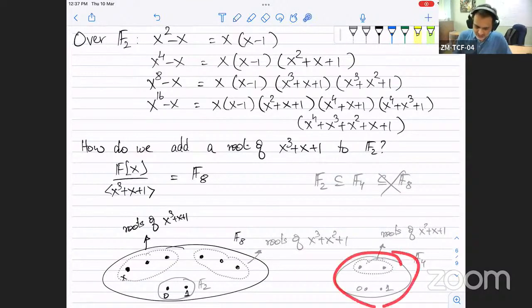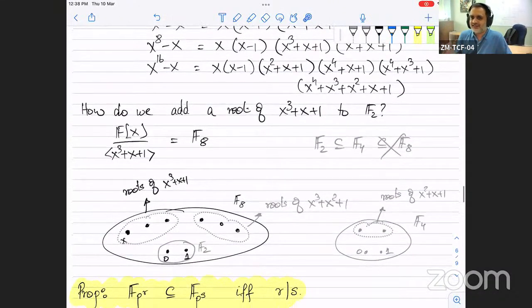This picture is not present in the F8 picture at all. This is not a good proof of this, but I'm just trying to illustrate why just because one has 4 elements and the other has 8 elements does not mean these 4 elements are contained in those 8 elements.